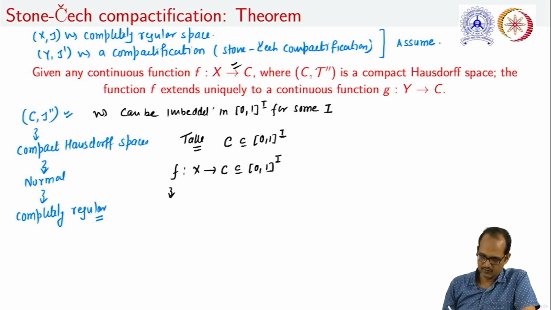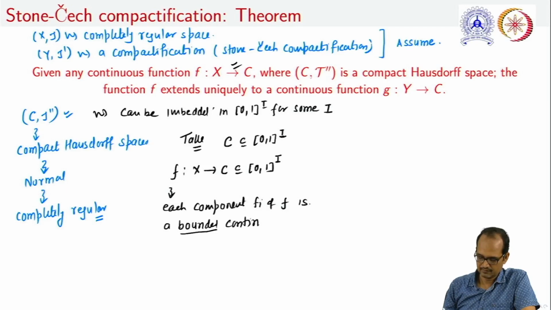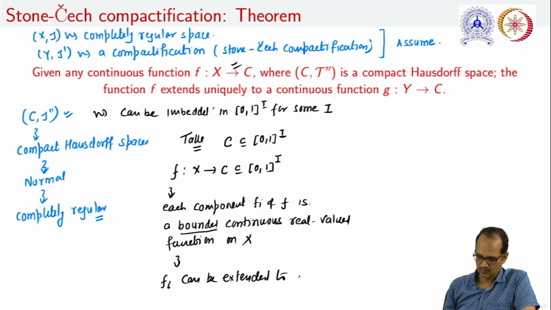Now we can say that each component, let us take f_i of this function f, is a bounded continuous real valued function on X. So by our assumption from the previous theorem, this function f_i can be extended to a continuous function.